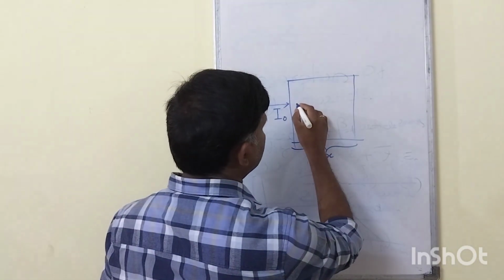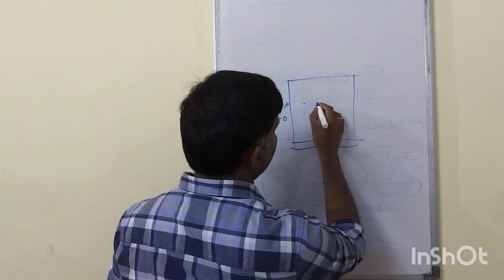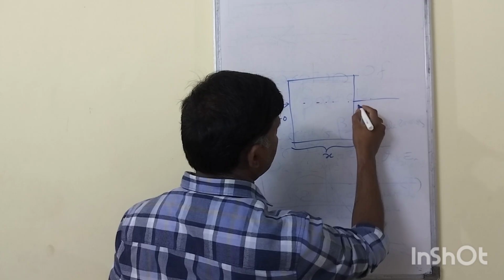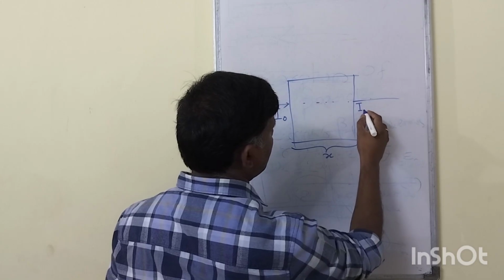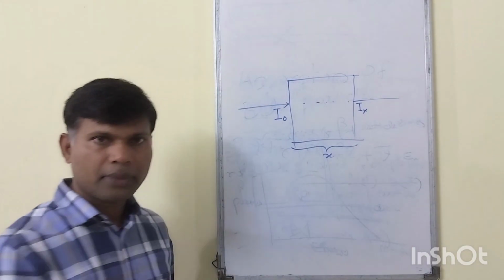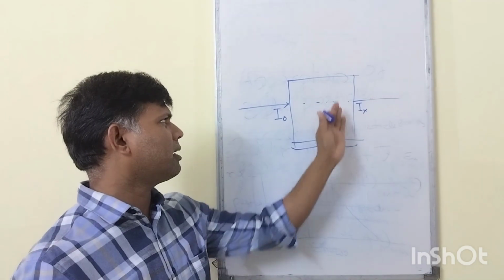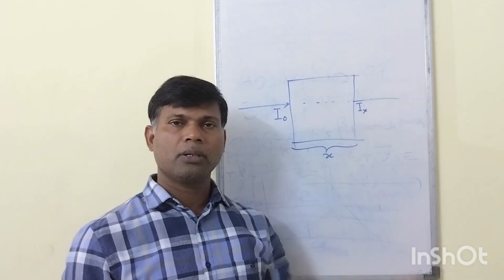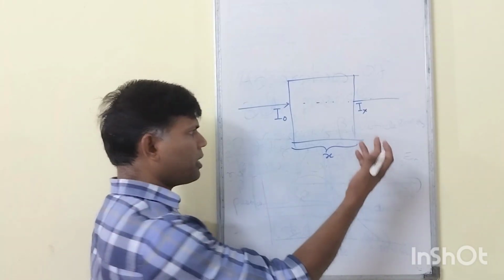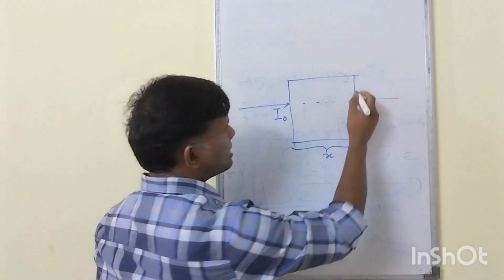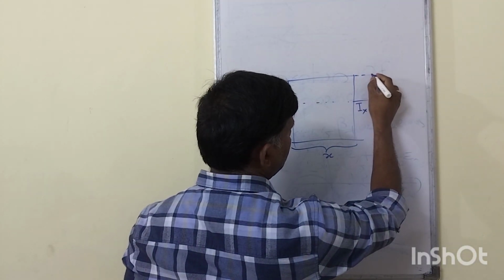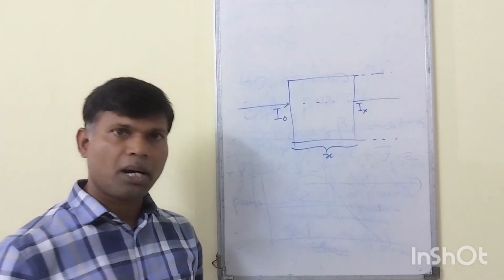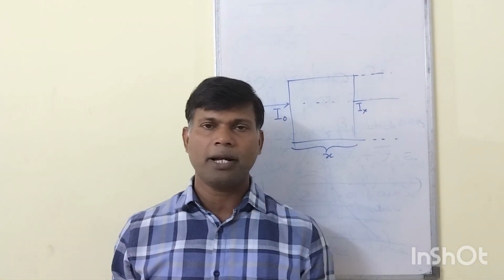When it is coming out, here the intensity I am calling Ix. It may be at any point. If the medium persists, there may be some more thickness also. At any point you can say, at some distance x, the medium may be there here also. So at distance x it may be within the medium or outside the medium also.